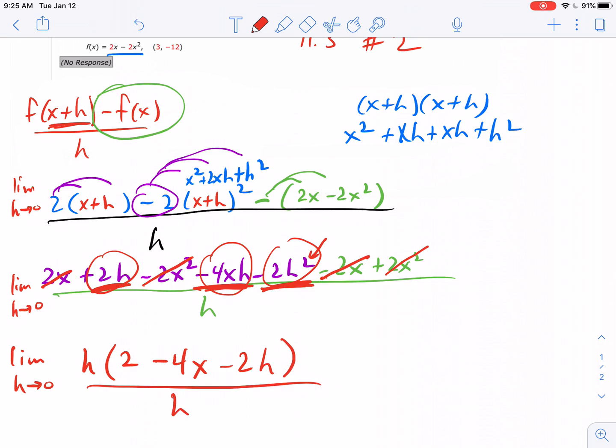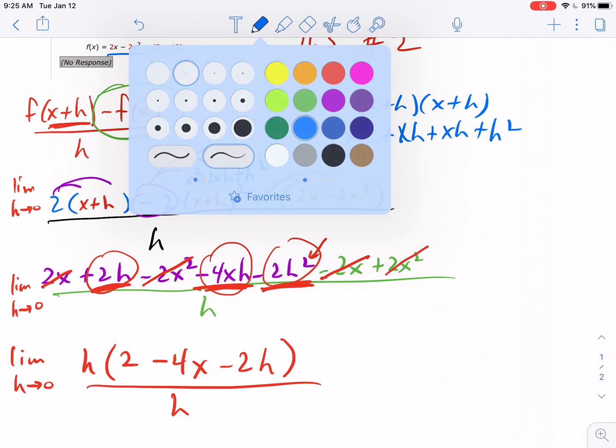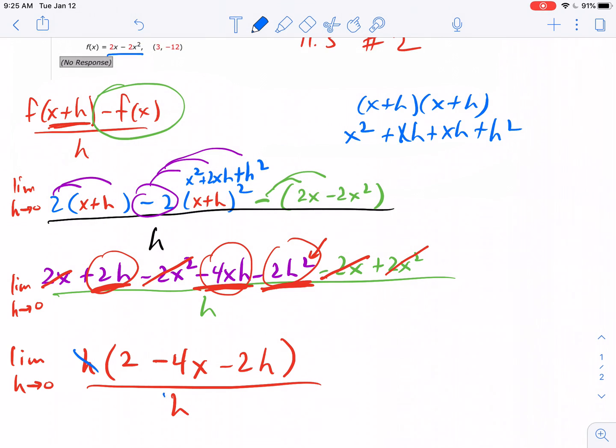And this is all over h. So this now allows me to cross off the h's, and as soon as I do that, plugging in 0 won't give me an undefined term, and now I can plug my 0 in for h, so the only thing left is that 2 minus 4x.